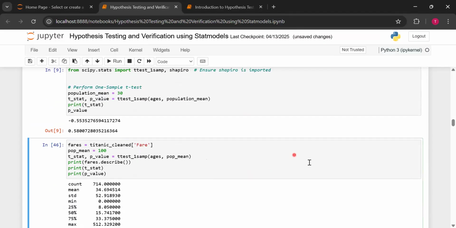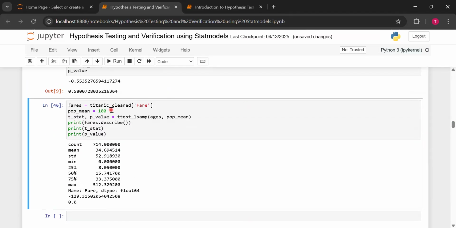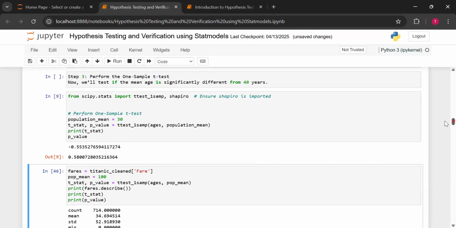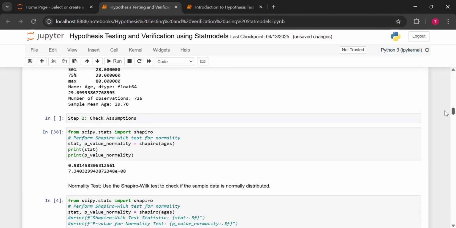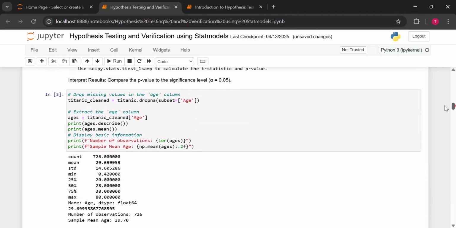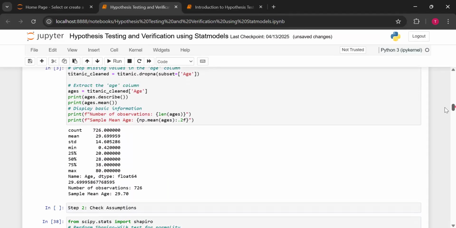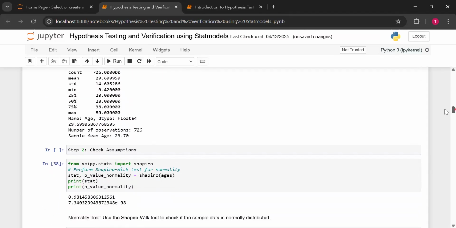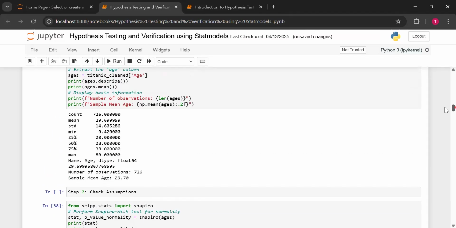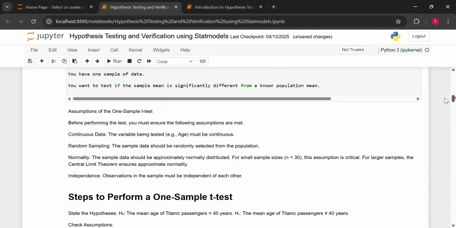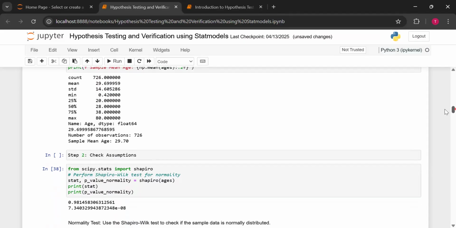And we go back here. So we have defined our population. One sample.